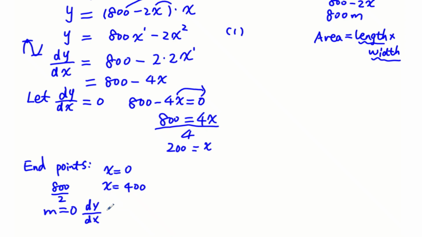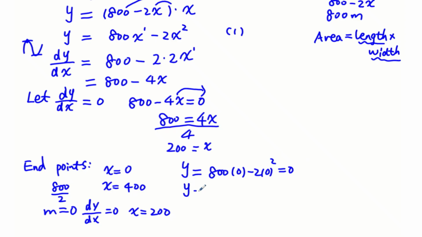So endpoints, we have these 2, then slope equals 0 or dy over dx equals 0. We have the point, a x value is 200. So we sub all these into our y area equation. So the area equation is equation 1. So 800 times 0 minus 2 times 0 squared is 0. So there is no width. So area, only one dimension is 0.